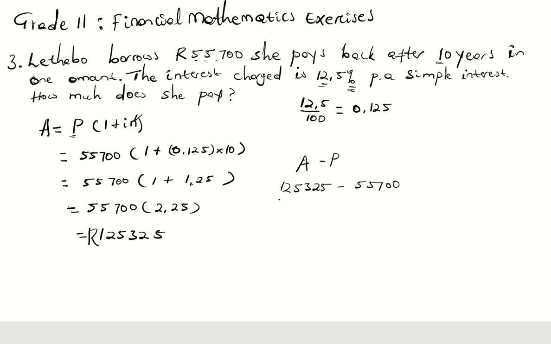Okay, what will that come to? It's 69,625. So that is the total interest charged over that period of 10 years. That is how much interest would be charged on the amount. So it's 69,625.